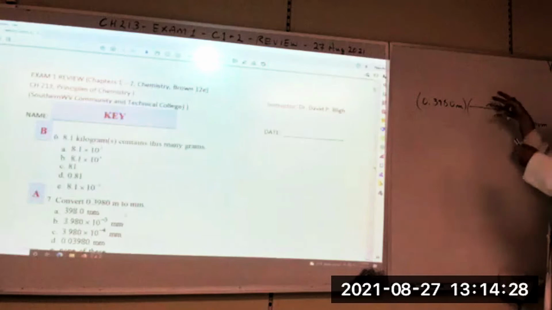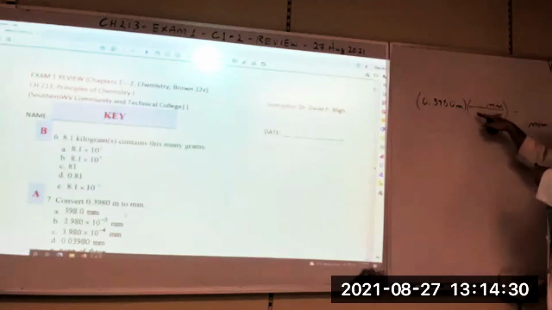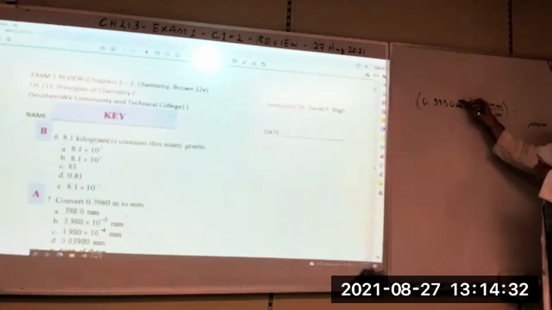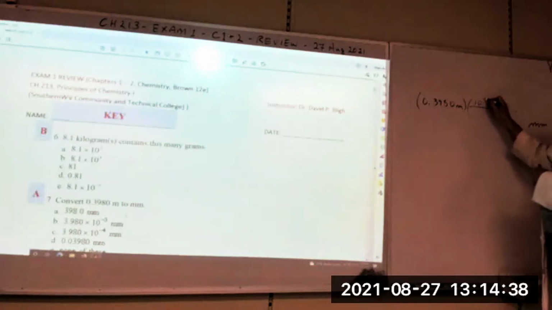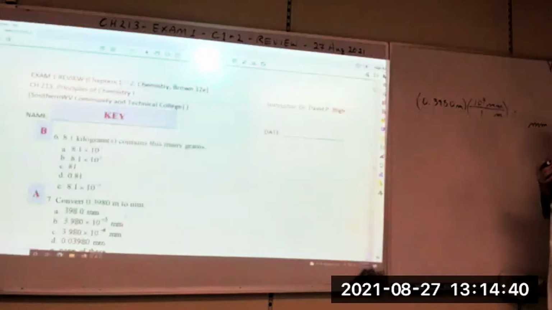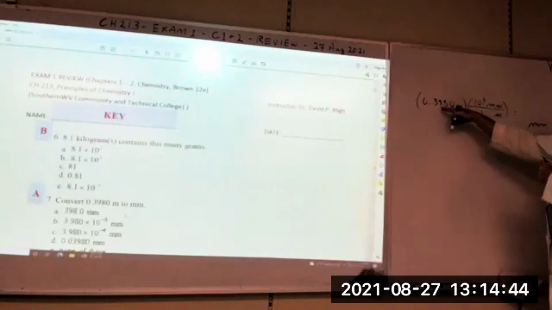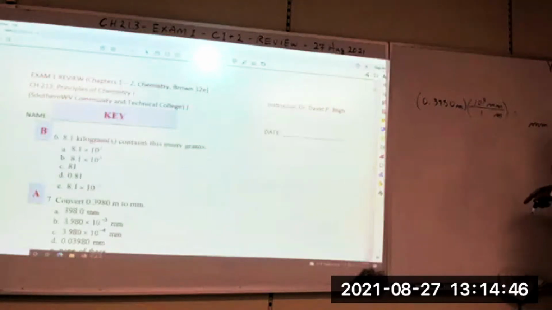So you set up your own conversion factor here. The meters are going to cancel because that's in the numerator and this is in the denominator. What's the relationship here? Well, there are 1,000 of these in one of those. Then by canceling these, that times 10 to the third. Did I do that right? Yeah, that's right.